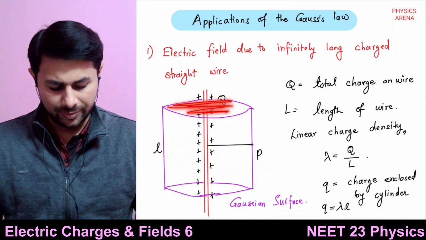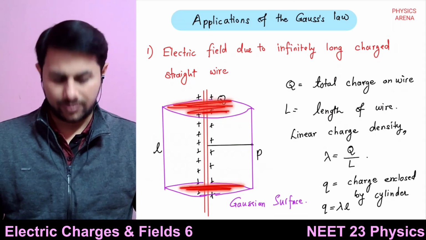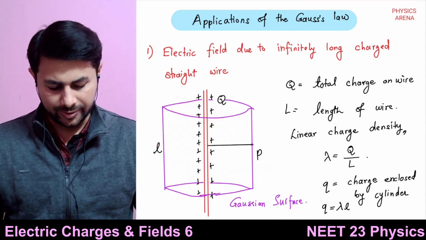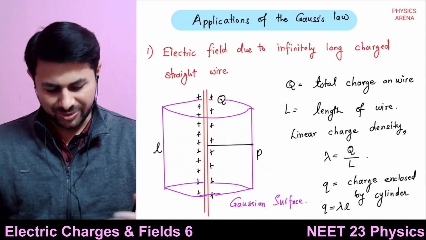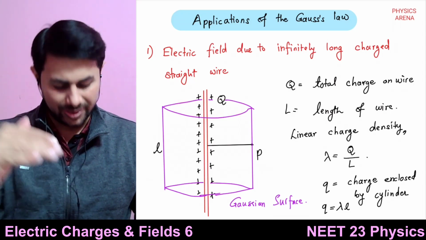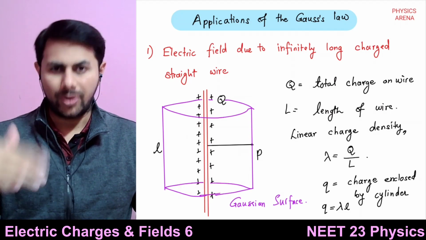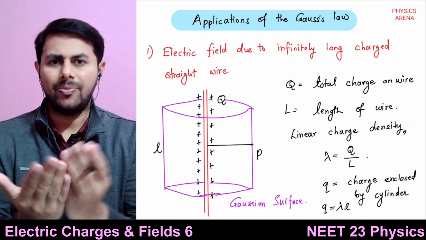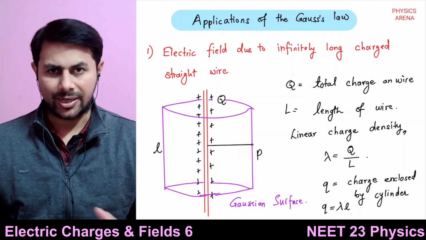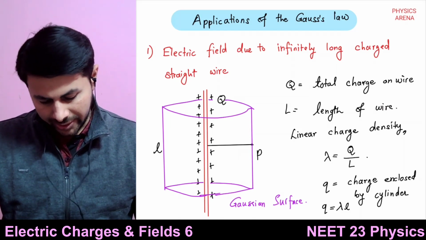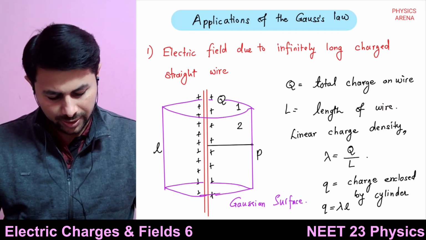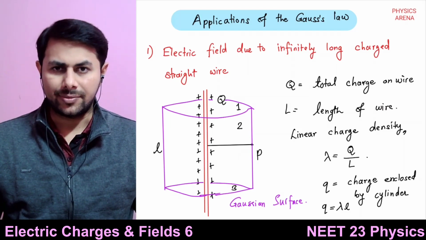One part is this one, another is this one, and one part is this one. So one part is the top surface, another is the bottom surface, and the third part is the curved surface. So we'll break this Gaussian surface into three parts. Let's call this surface 1, this one surface 2, and this one surface 3.